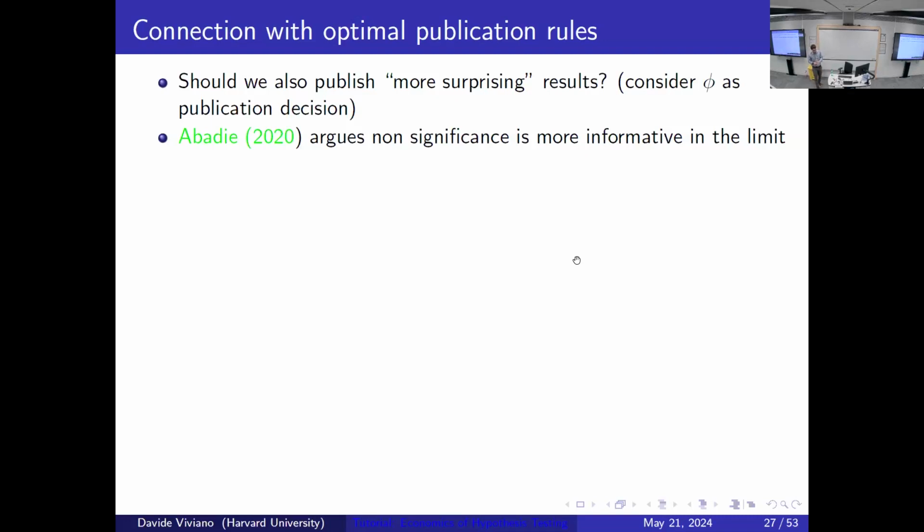His argument is the following: if I think about a decision maker who can only incorporate binary bits of information, so only whether a result is significant or not, then the posterior over my parameter conditional on the result being significant is not going to be that informative, because in the limit I always reject. But if you tell me that it's not significant, in the limit I know that the true parameter is in a very small ball. So this information is going to be super new.